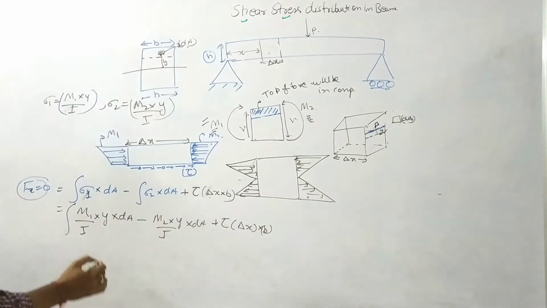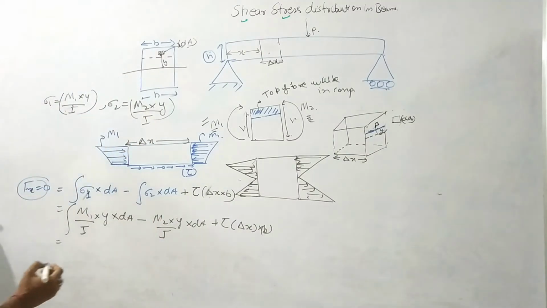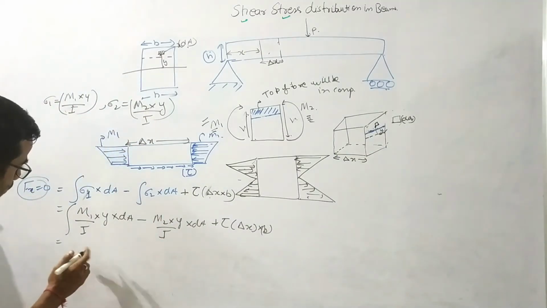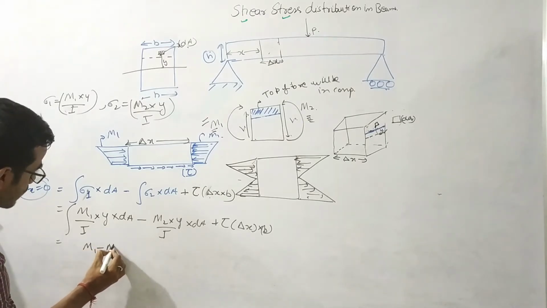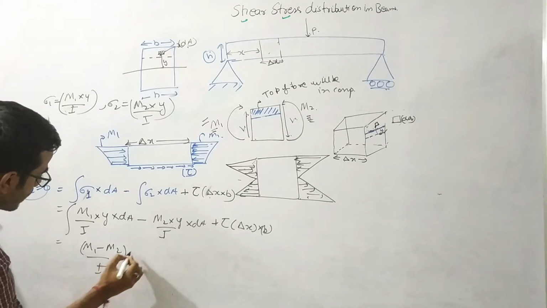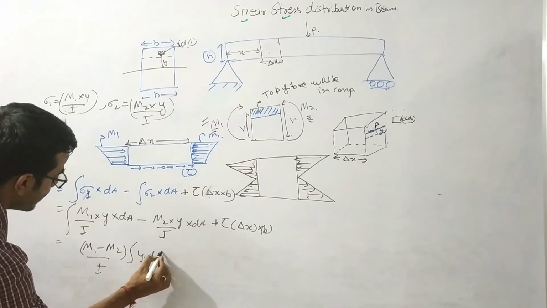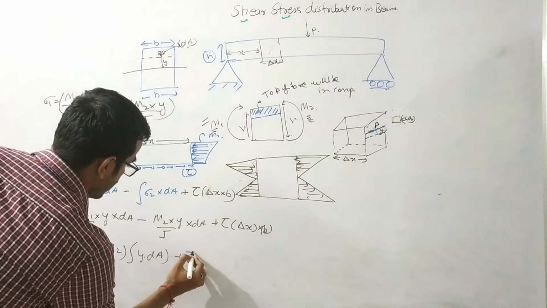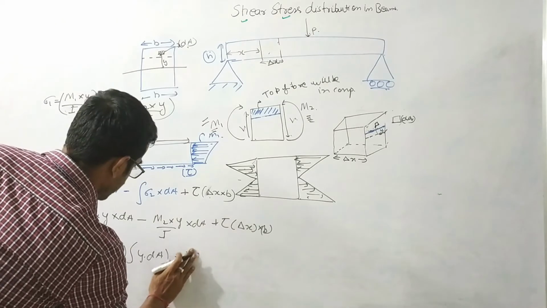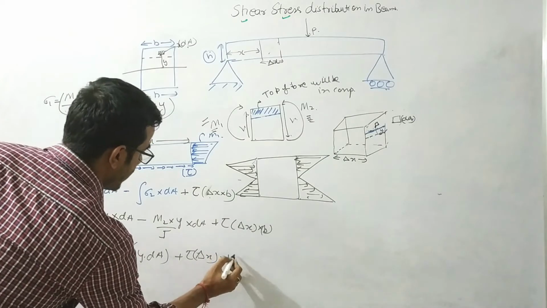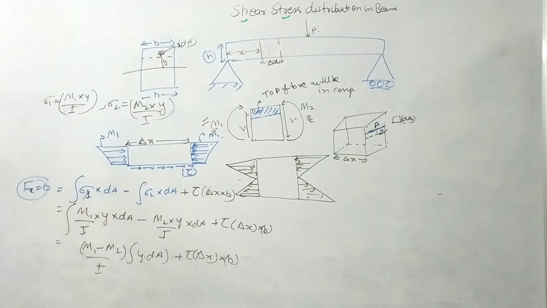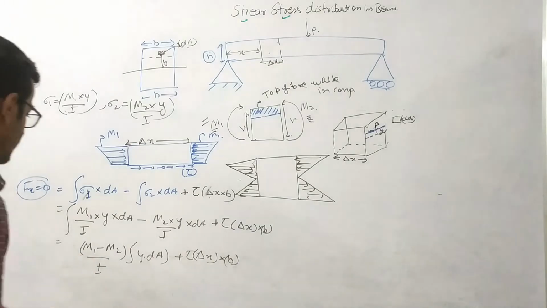So if I solve this, I can write M1 minus M2 over I into the integration of y dA plus tau delta x into b.